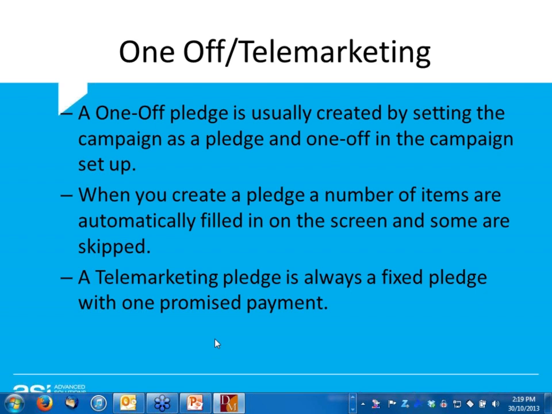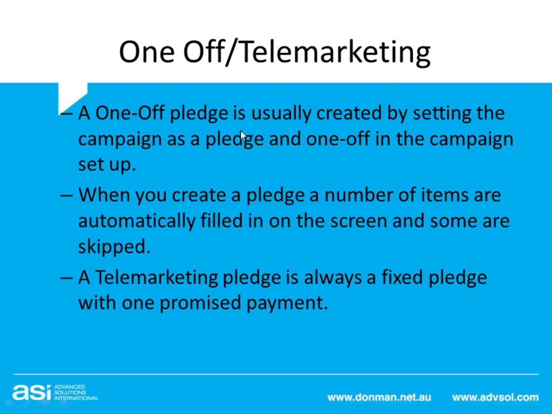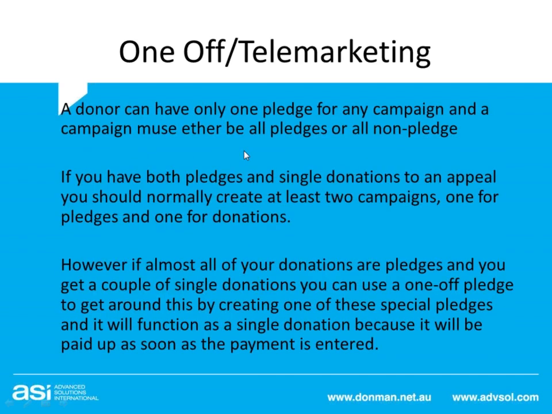It either has to be pledge or not pledge. You can't mix the two. So for example, if you're running a major gift or a capital appeal and you had a number of people that were pledging and a number of people who were just going to give a single gift, what you would normally do is create two different campaigns, one for the pledge and one for the non-pledge.